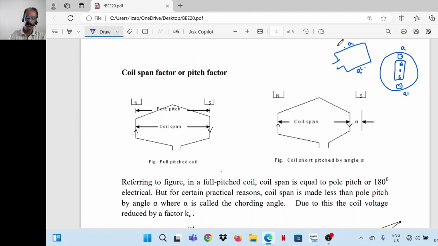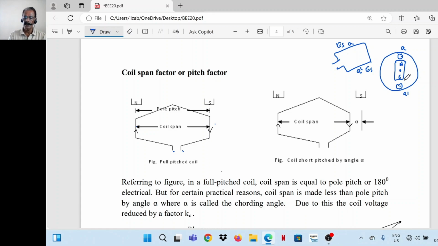Say the EMF induced in one coil side is ES. If the coil sides are 180 degrees apart, as shown in this case, the total EMF induced in the coil is 2 times ES.